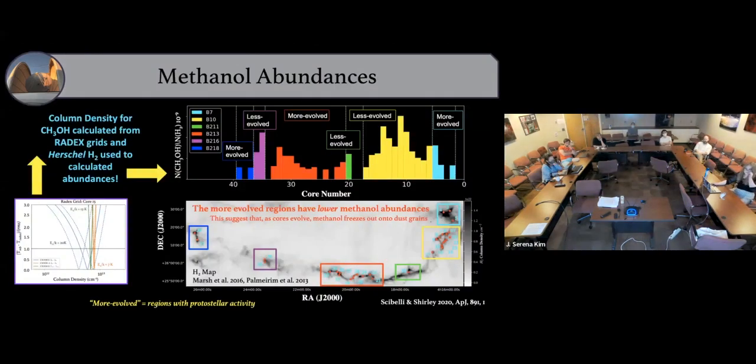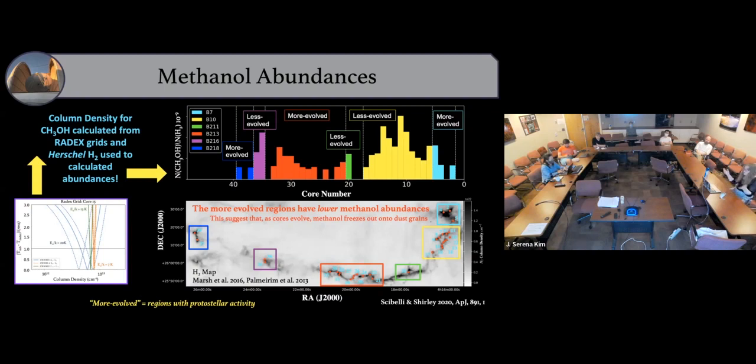So one of the main things that we can do is, again, get abundances out of our line analysis. And one of the things that we did was compare abundances region to region. So the top plot is abundances of methanol versus core number. And each region is labeled less evolved or more evolved based on whether there are protostars in that region.